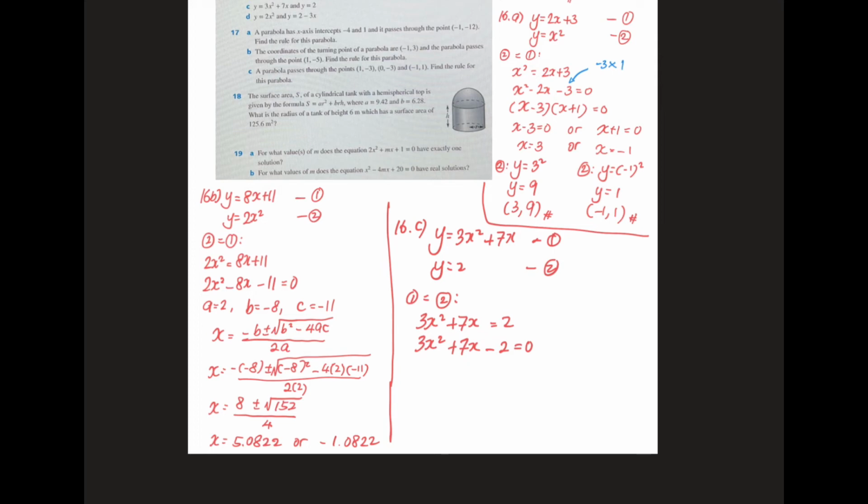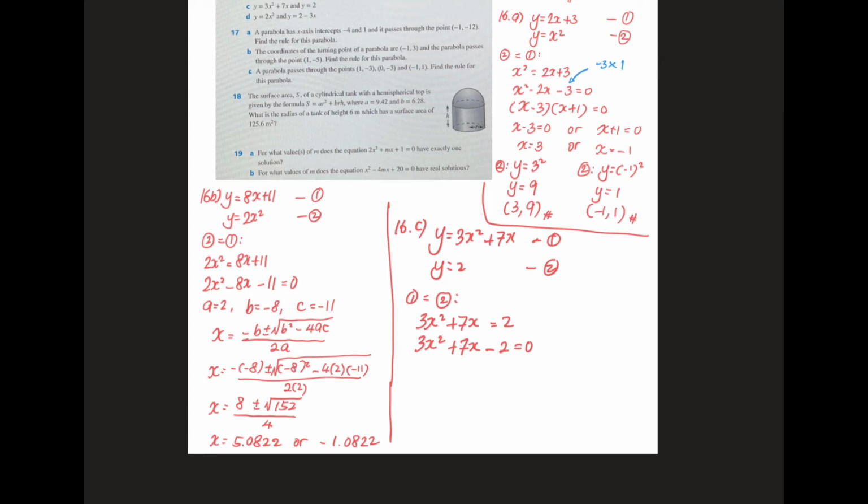And after that, now we try to factorize it. Okay, so again, I will just check with calculator to see whether factorization is possible or not. So we have 3, 7, minus 2. Okay, so again we can't factorize.